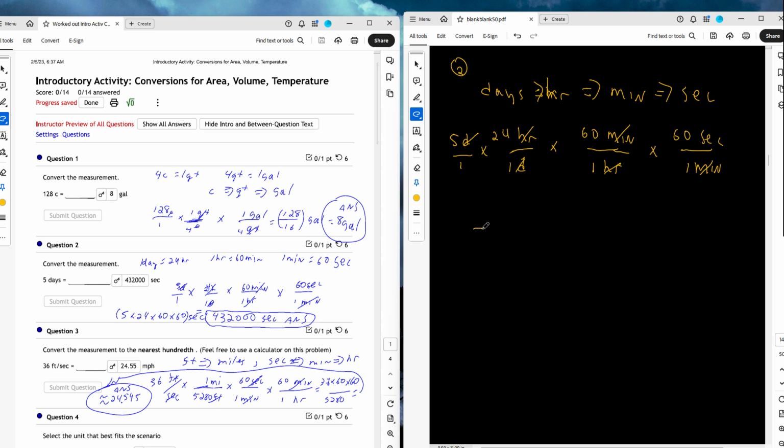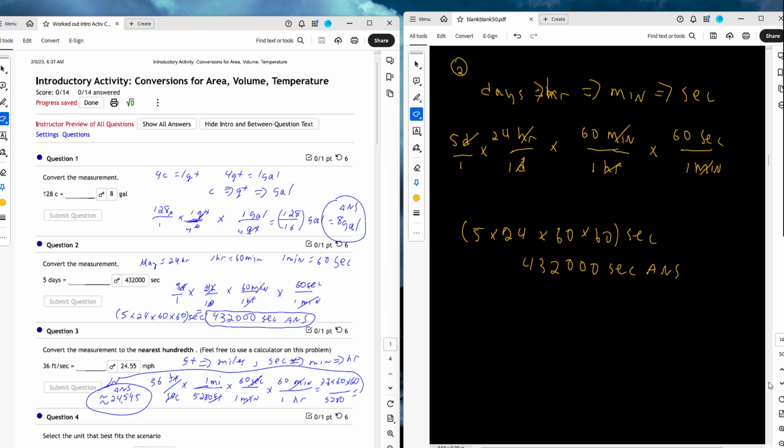So on the bottom I'm just going to have 1. And across the top I'm going to have 5 times 24 times 60 times 60 seconds, which gives me 432,000 seconds, my answer. And that's number 2 there.